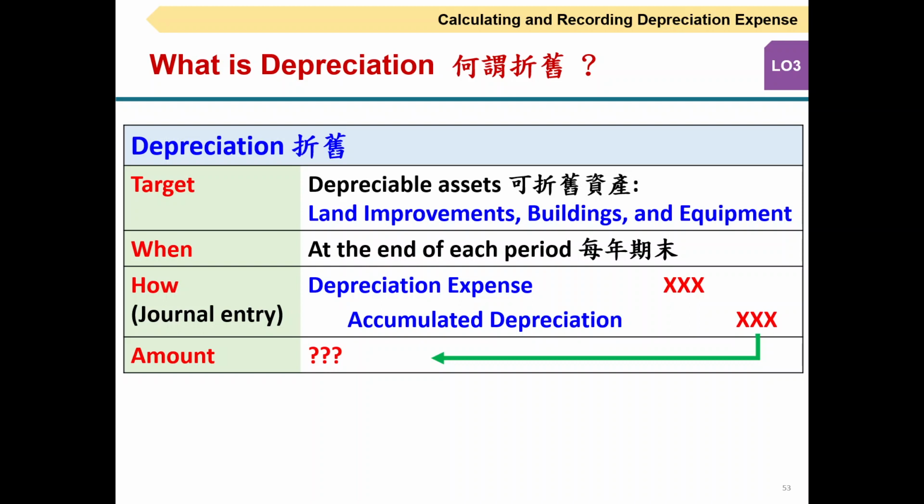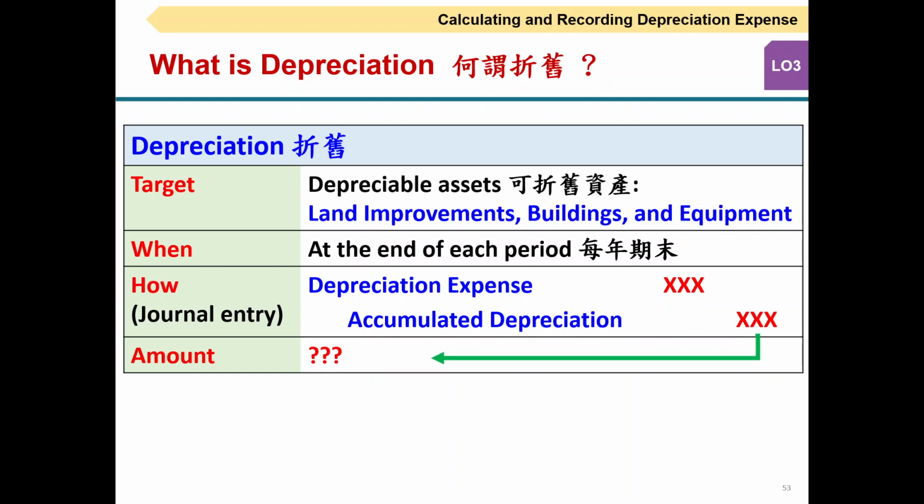Okay? When we have to do that, before we prepare financial statements, we have to tell investors, users, shareholders our PP's value. So that's why at the end of each period, before we prepare financial statements, we have to do depreciation. Okay? How? So what's the journal entry? Debit, depreciation expense.